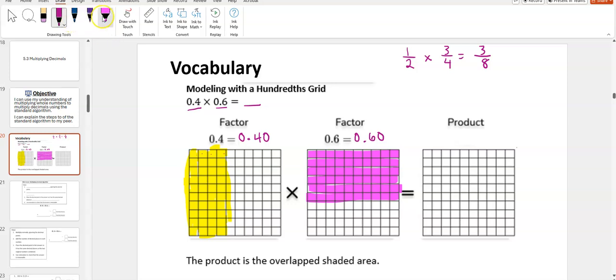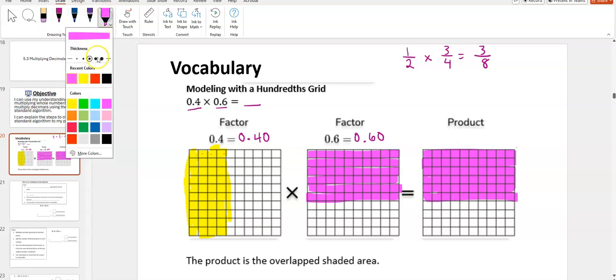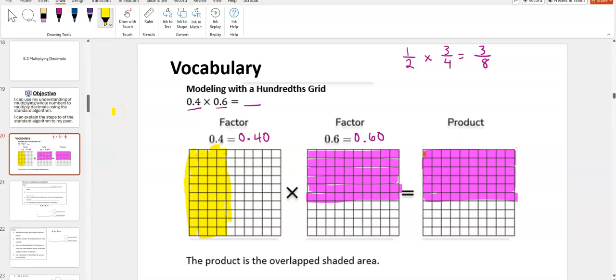And so when I multiply them, similar to what we did when we did fractions, I'm going to end up coloring both models on the same grid. And where they overlap is going to be my answer to my multiplication problem. So there's 6/10, and I'm going to go and get my yellow, and I'm going to color 4/10 next. 1, 2, 3, 4, 1, 2, 3, 4.